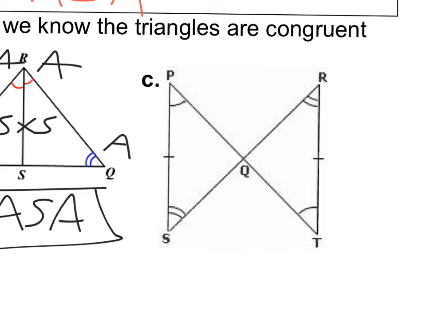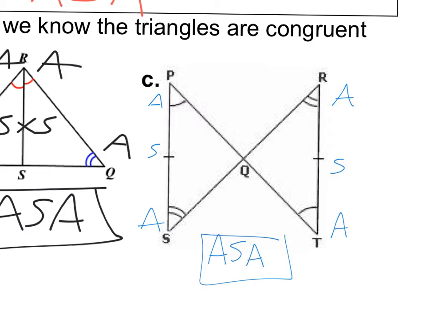Okay, so right away you might notice that, hey, you have an angle, side, angle, angle, side, angle, so this is ASA, and that's true. That will work. But remember, you also have a third angle and a third angle, so let's mark this with the double hash. So you have another angle here, another angle here.